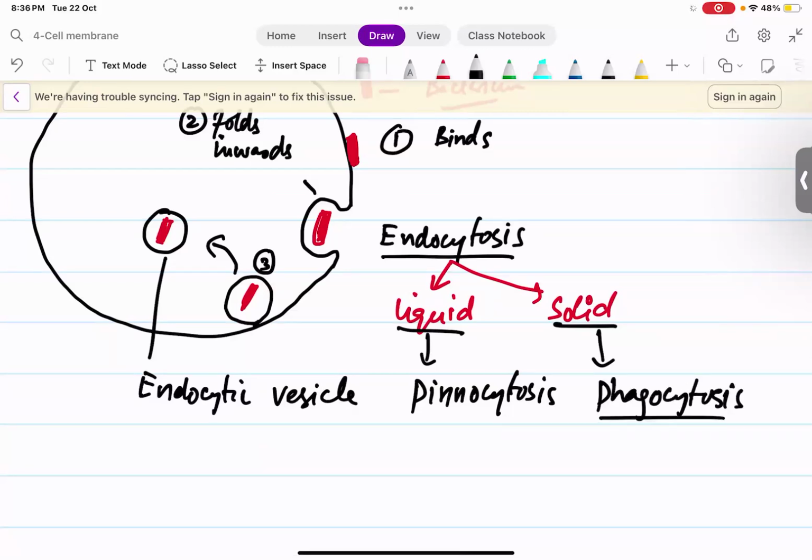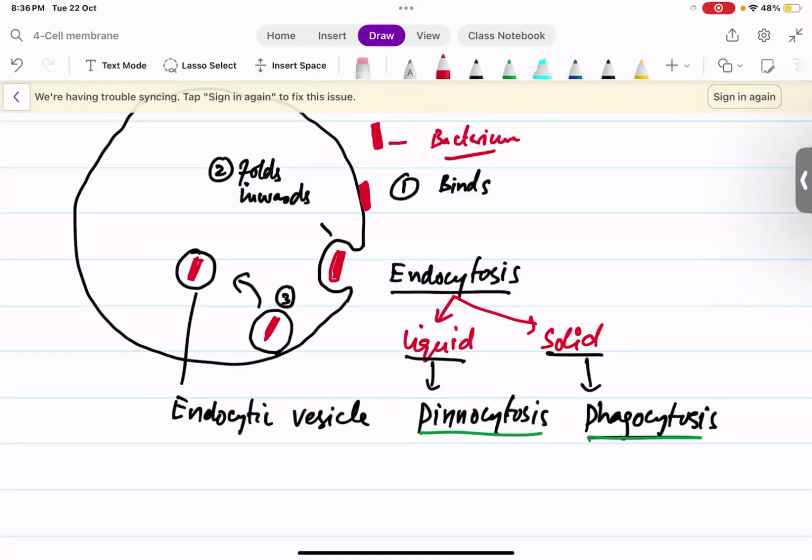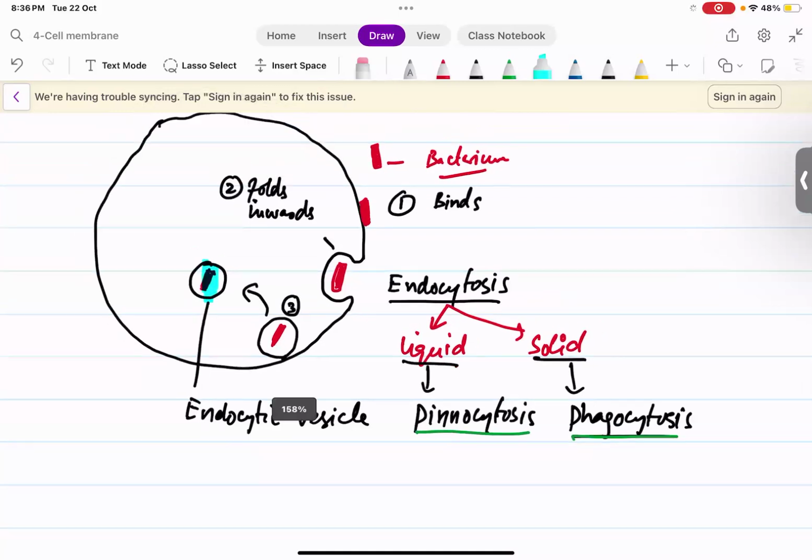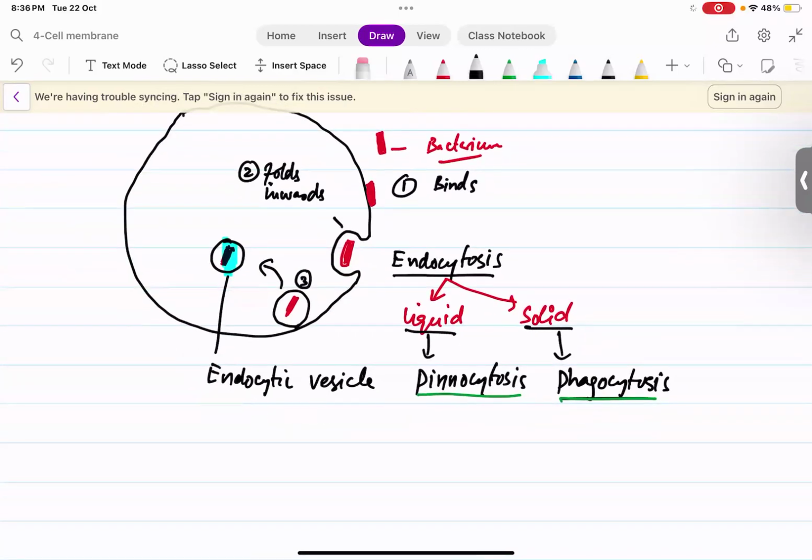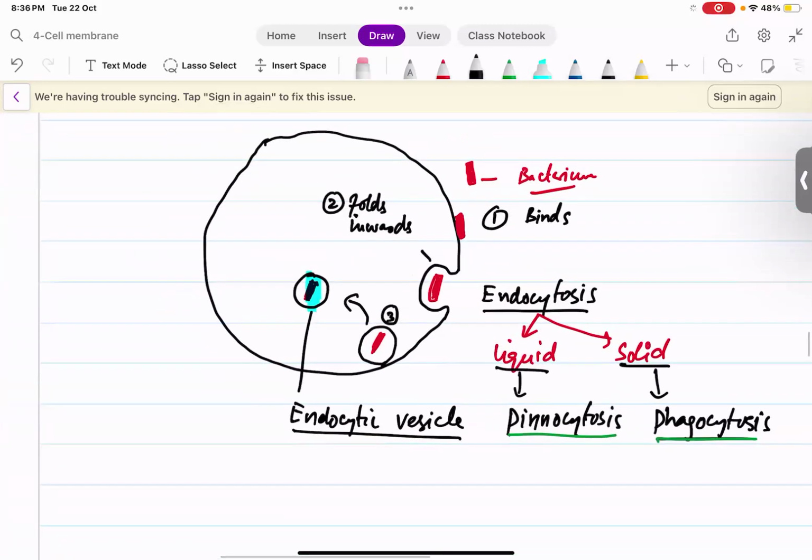So phagocytosis is for eating of a cell, and pinocytosis for drinking of a cell. So accordingly, if this is a solid material taken up by this cell in this endocytic vesicle, this endocytic vesicle may be known as a phagocytic vesicle or may be known as a pinocytic vesicle. Okay, or may also be known as a phagosome.